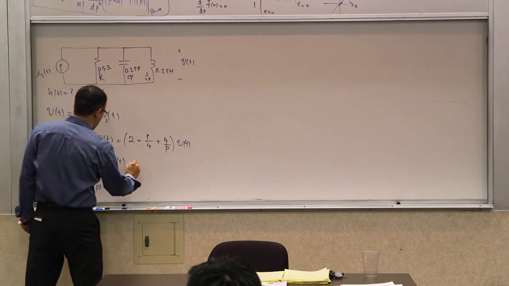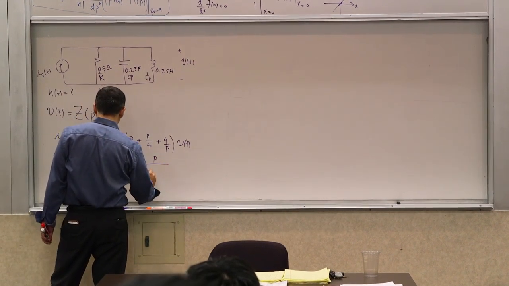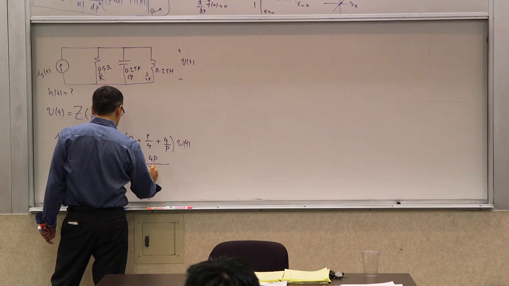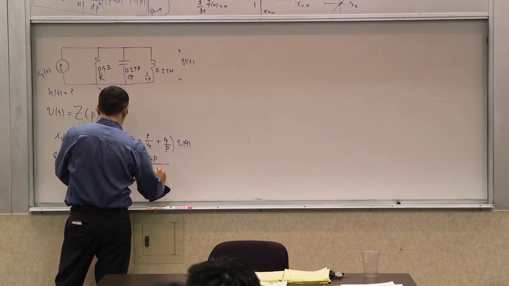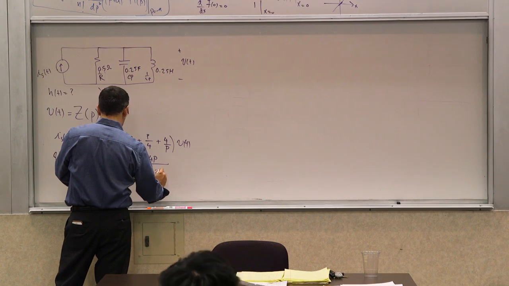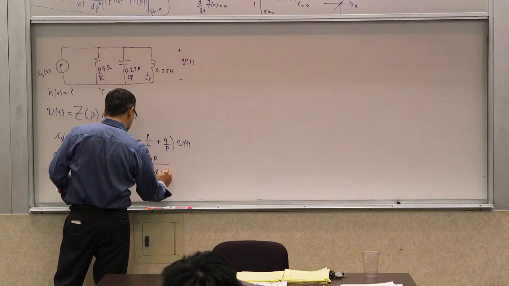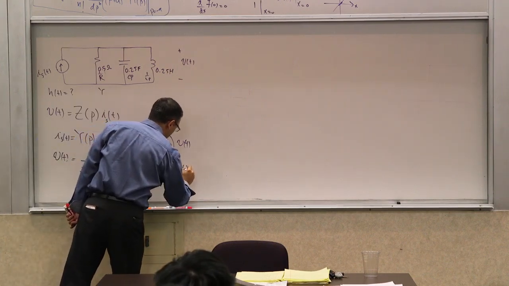Now I can simplify this a little bit. I multiply by p, and multiply by 4p to make life easier. So I get 4p over p squared plus 8p plus 16, operating on Is of t.